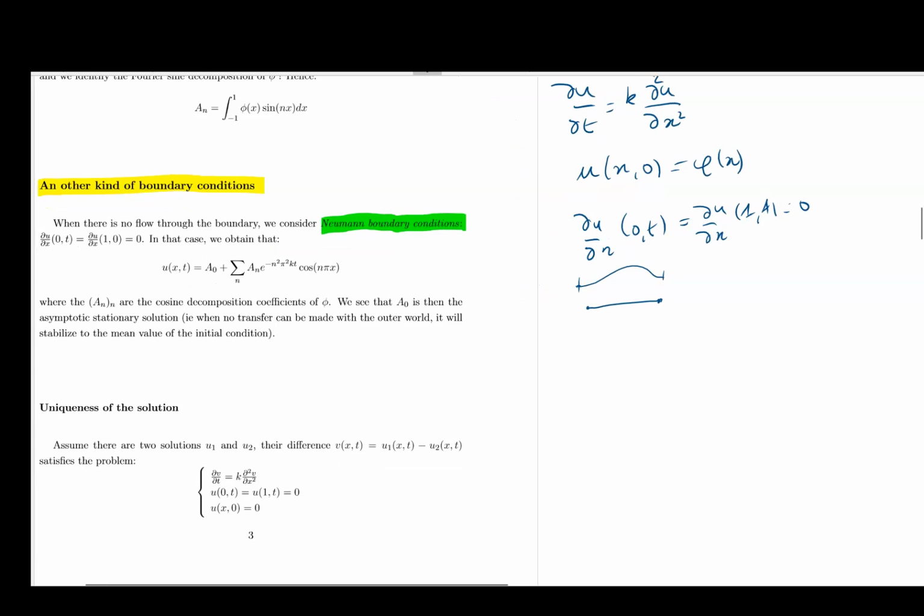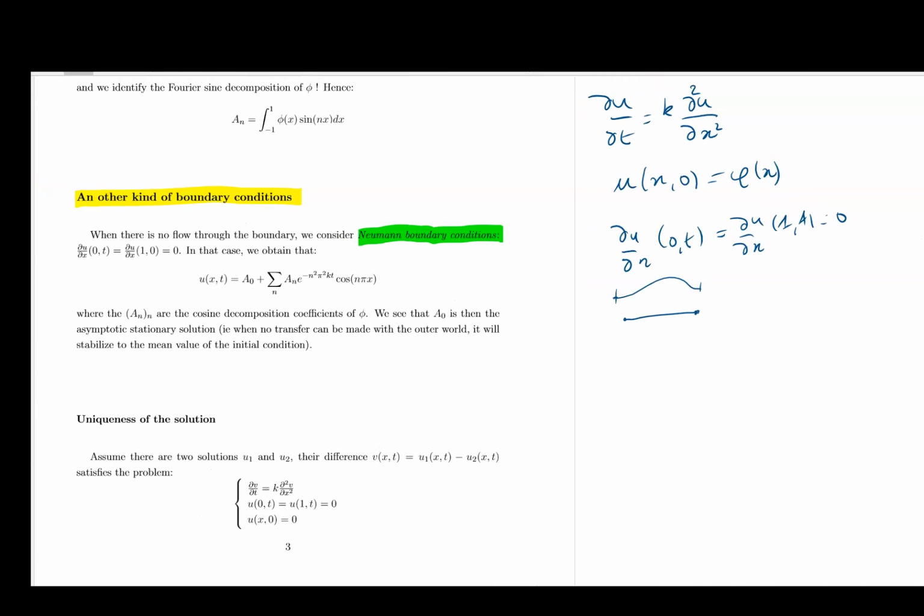Okay, so remember we're solving that using separation of variables, meaning that we take u(x,t) being the product of a function of t and a function of x. What I propose is that you try to do this by yourself, and you even have the solution here.